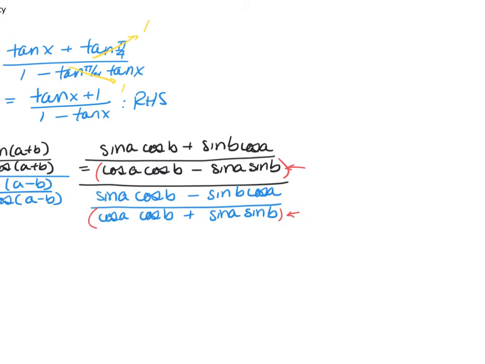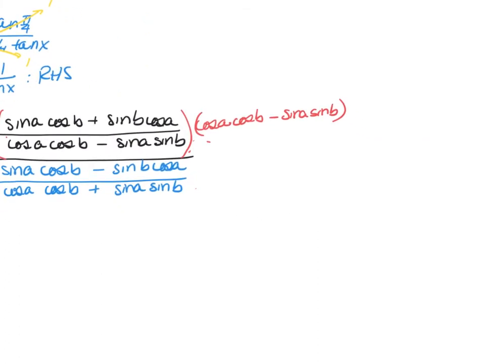So when I multiply the numerator and the denominator, let me just erase this so it doesn't muddy the waters. Okay. So I'm going to multiply the numerator by the cosine of A cosine of B minus the sine A sine B, and it's also going to be multiplied by the denominator of the second fraction in the denominator, which is the cosine of A cosine of B plus the sine A sine B. Do the same thing down here.